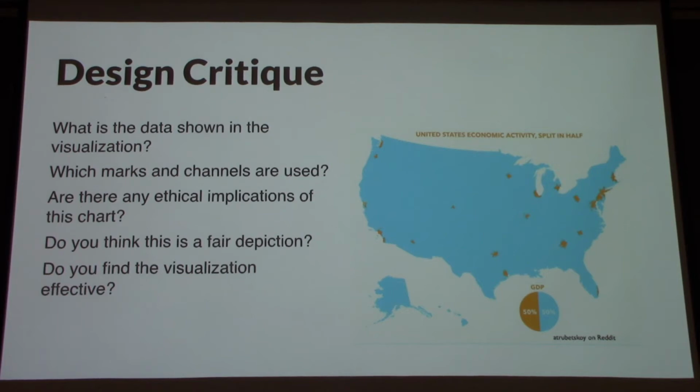So one other InfoVis theoretic argument that you can make for why this is a bad chart is because it uses a map, and you use a combination of map and population essentially.